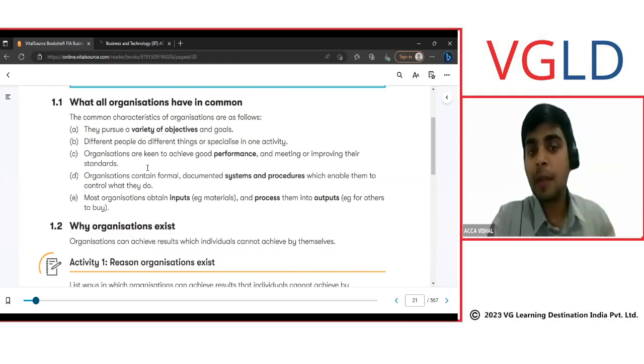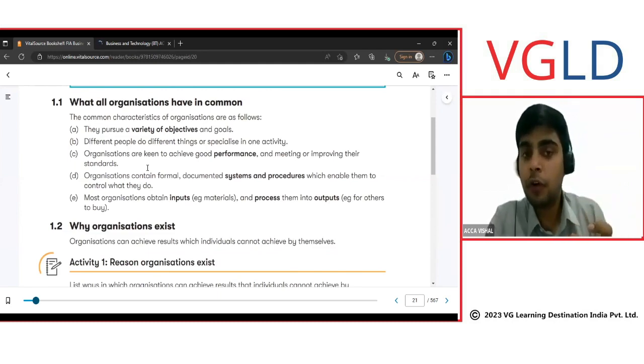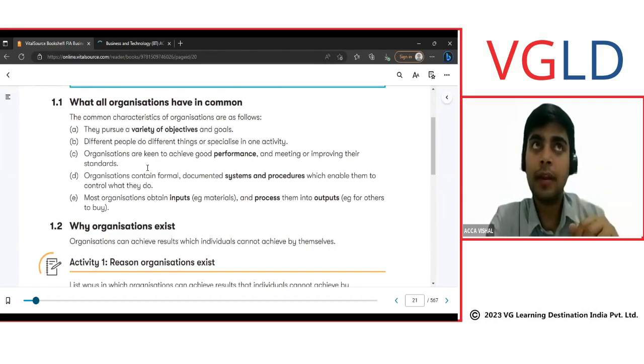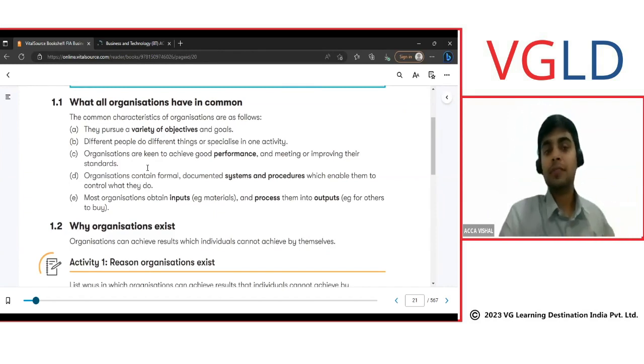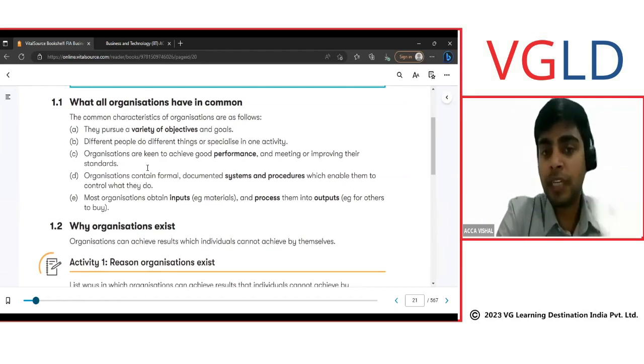So there are multiple goals. There's an ultimate goal of surviving in the market and creating a share of the market for itself, but mostly it has sub-objectives. That's why it pursues a variety of objectives and goals.